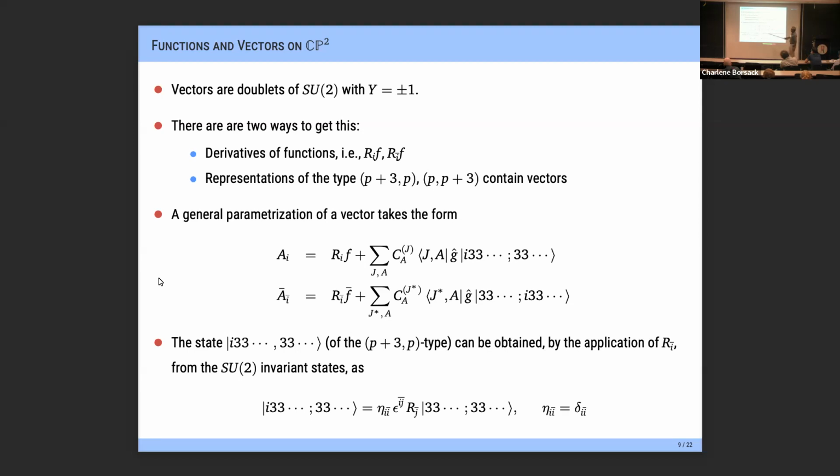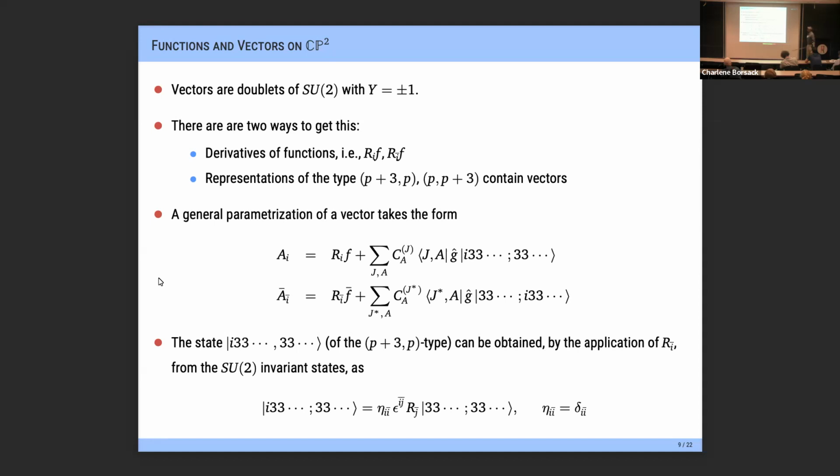If I look at this particular state here, I realize that I can also write it as an R bar derivative on an SU2 invariant state, but this state will have hypercharge equal to 2. It's lowered by 1 unit because of the R bar, giving us the hypercharge plus 1 that we need.